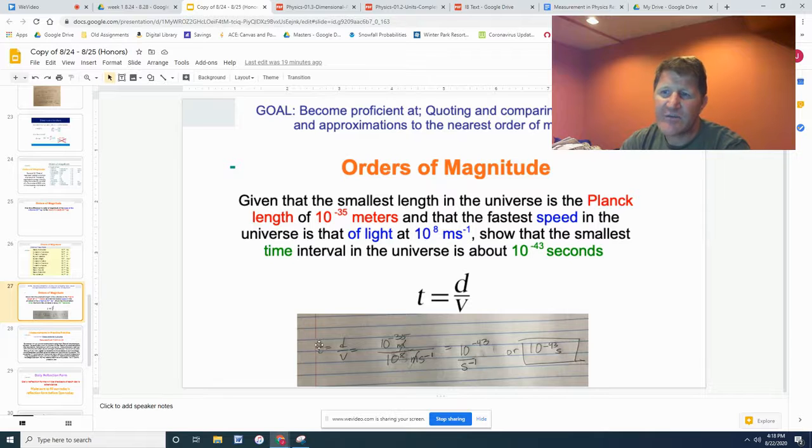And so if I do time is equal to distance divided by velocity, then I'm going to have my 10 to the negative 35 divided by 10 to the 8th, and 35 minus 8 is going to give me 10 to the negative 43rd. So that is going to be my smallest measure of time, 10 to the negative 43rd seconds.